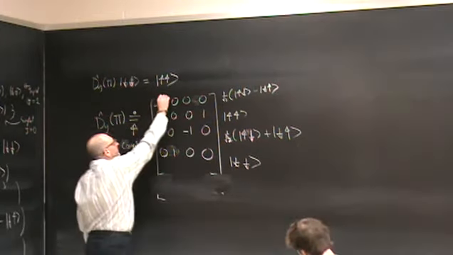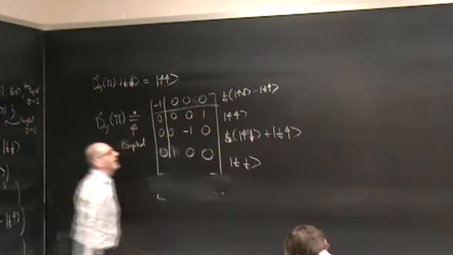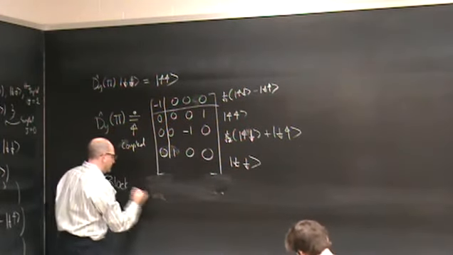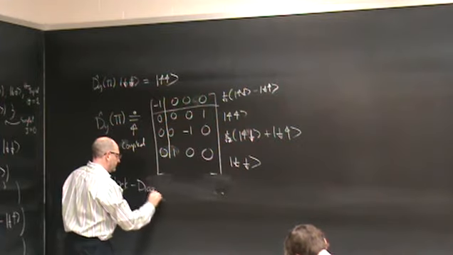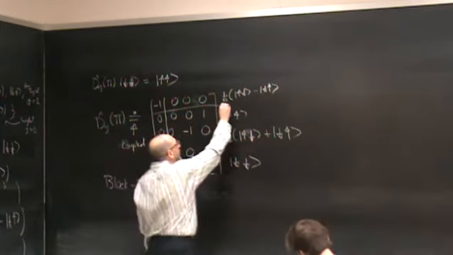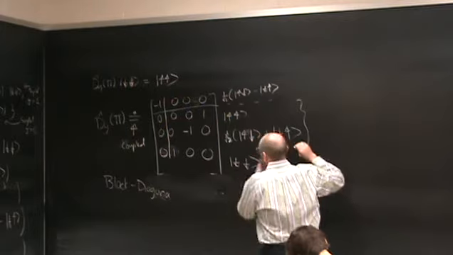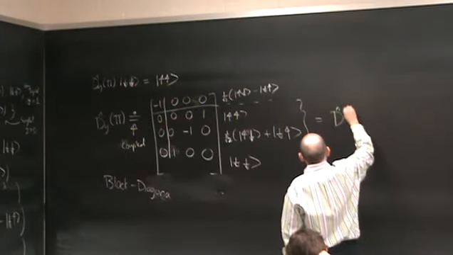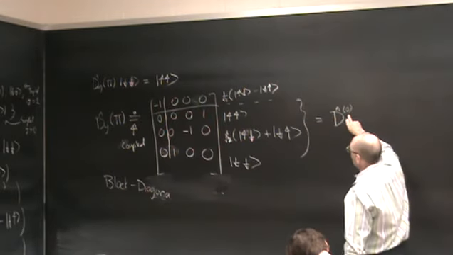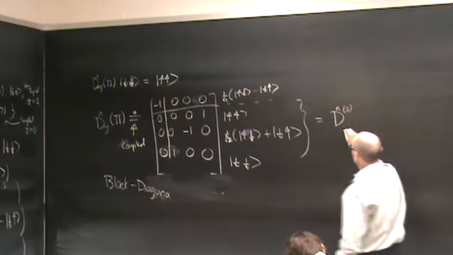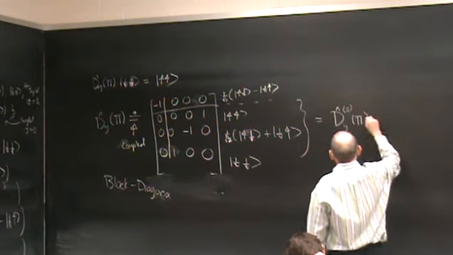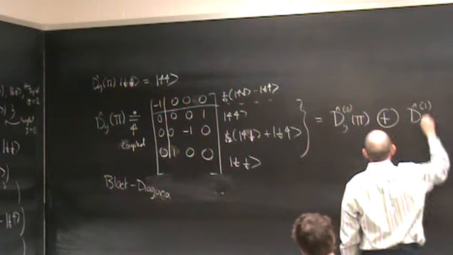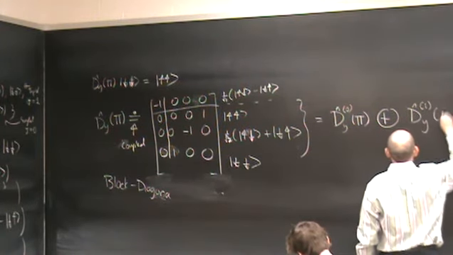So this matrix is block diagonal. It's block diagonal where it's a direct sum of a one-dimensional representation for j equals 0 with a three-dimensional representation for j equals 1.